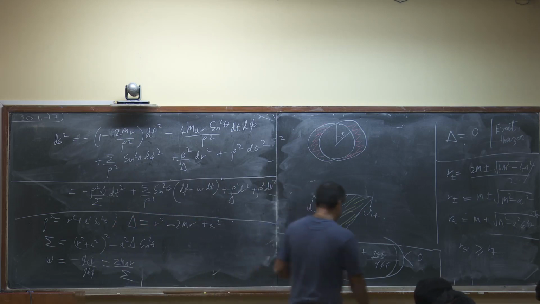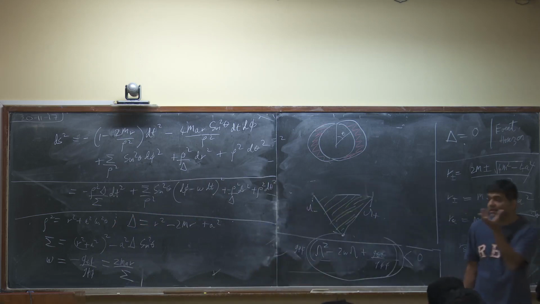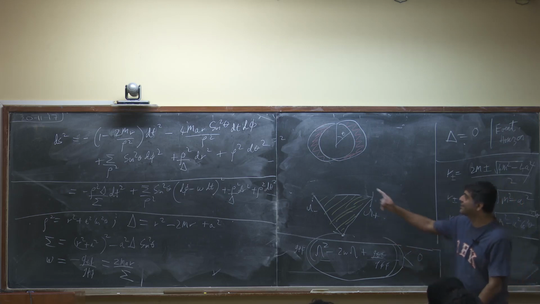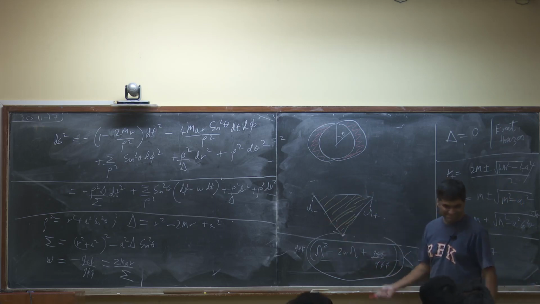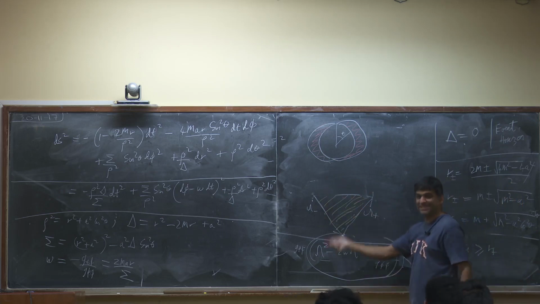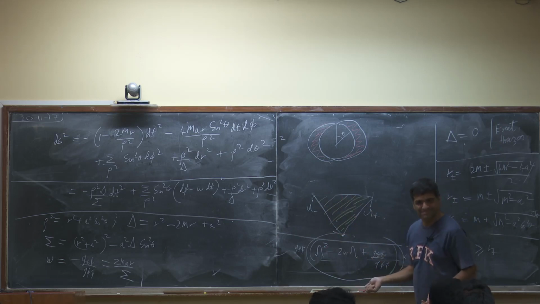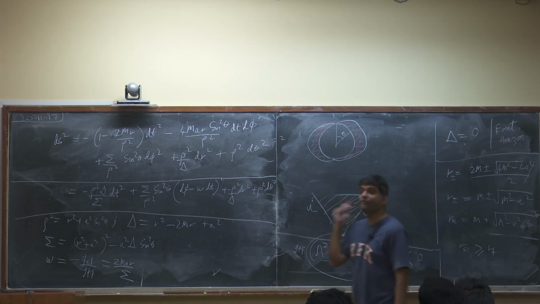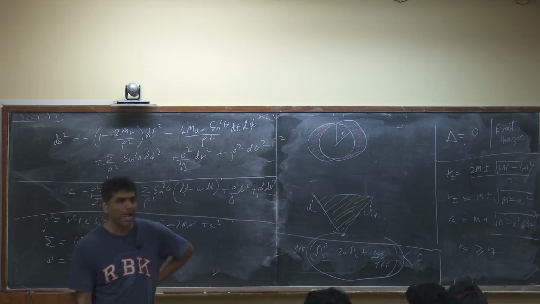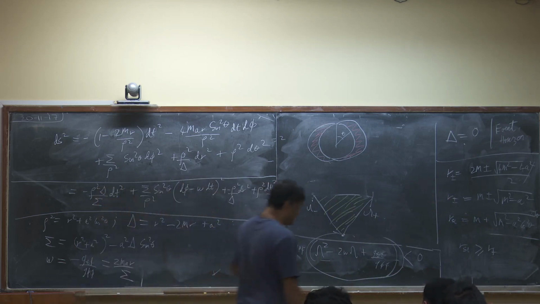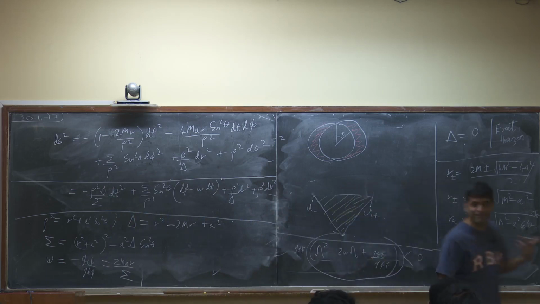If you were interested in constant not t but some particular omega, you would have a different ergosphere for that omega. But the ergosphere for time is special for the following reason: d by dt is the Killing vector whose conjugate charge is energy.